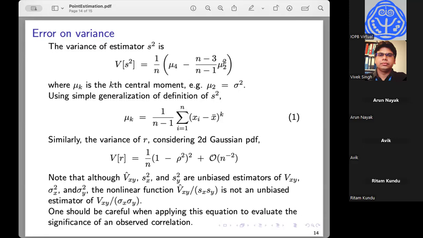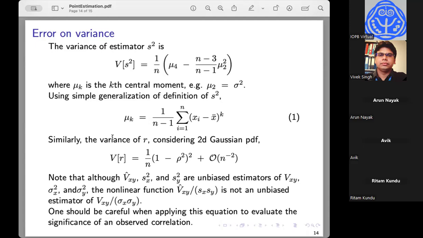So mu 2 square is basically sigma square, and mu 4 is the fourth central moment. And using some simple generalization of the definition of S square, you can calculate mu k as 1 over n minus 1 times the sum over i equal to 1 to n of xi minus x average to the power k.